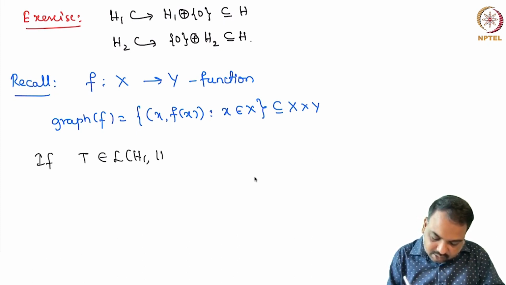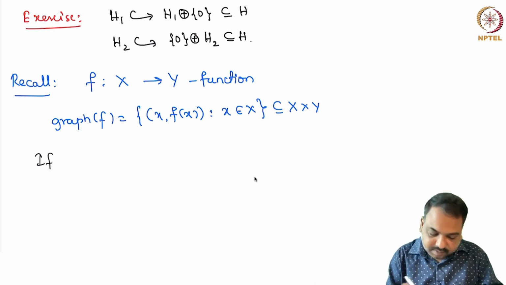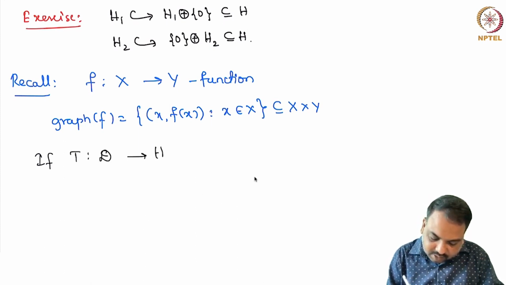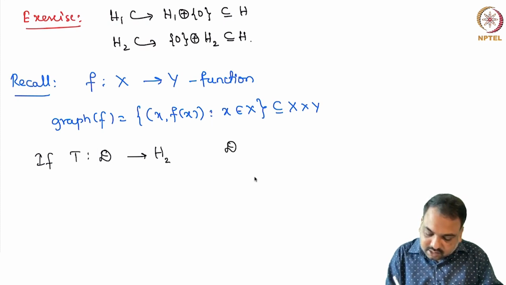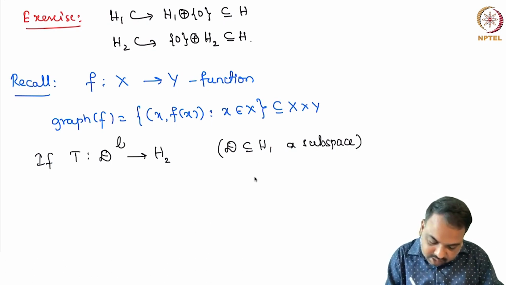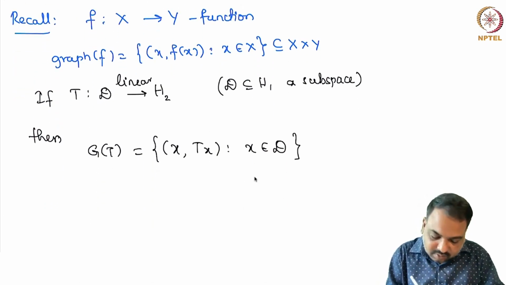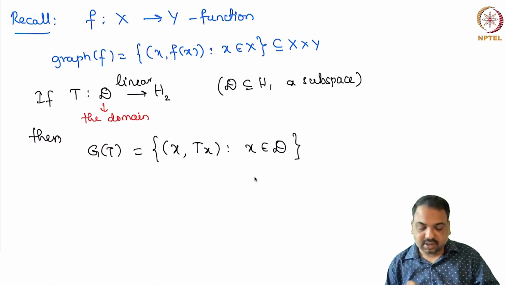Okay, now the same way, if T is a linear map, in fact we need not define it on a Hilbert space. If T from D to, let us say, H2, where D is a subspace of H1, and suppose this is linear, then the graph of T is the set of all (x, Tx) where x is coming from D. Here D is known as the domain of T. So the domain is nothing but the set of all x in H1 where Tx is well defined.